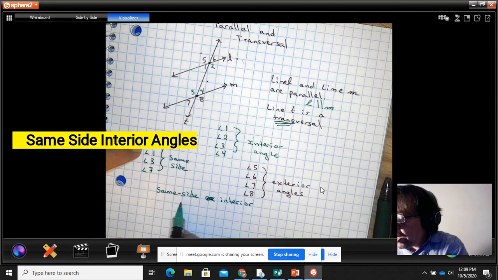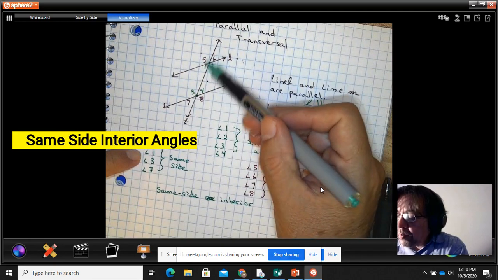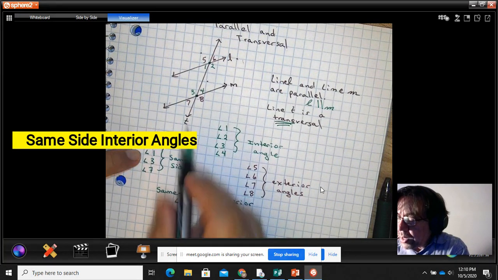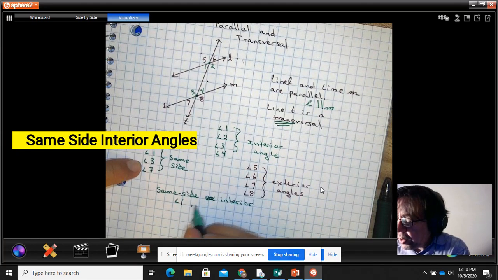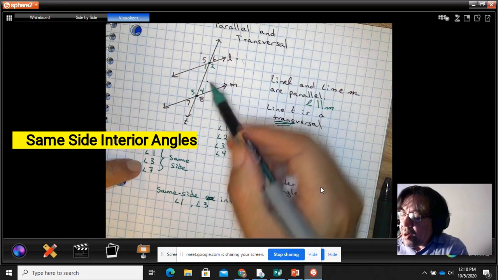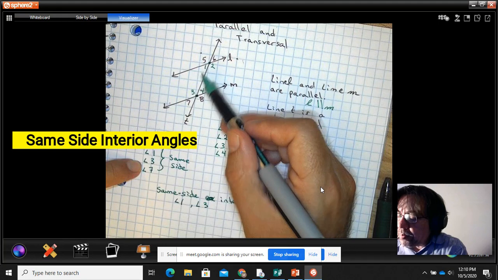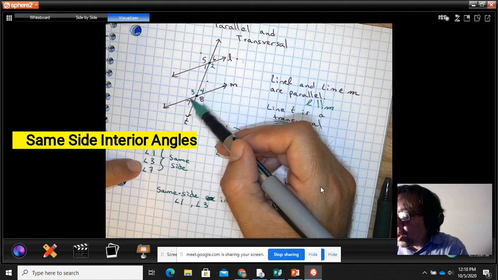Although they're same side, they're not interior. It's an exterior angle. Angle 1 is on both of them because angle 1 is on the same side as angle 3. They're both on the same side and they're both interior. 5 and 7 are on the same side, but they're exterior.